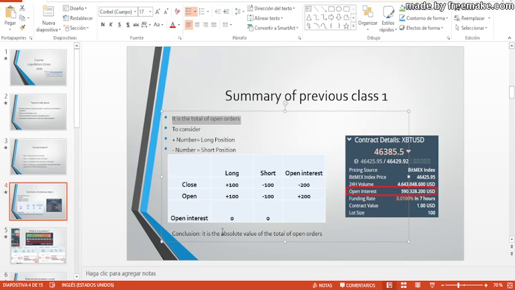That is because the open interest is the absolute value of the total of open orders. You can see the open interest in the contract details.